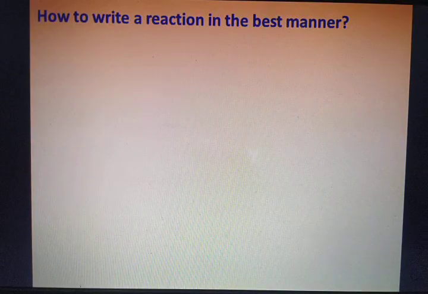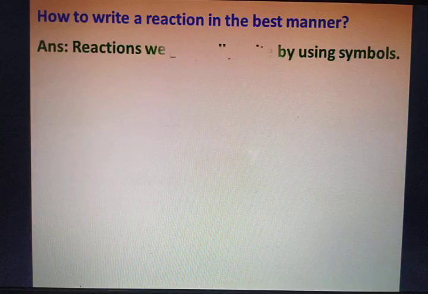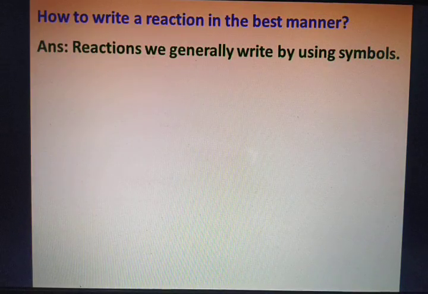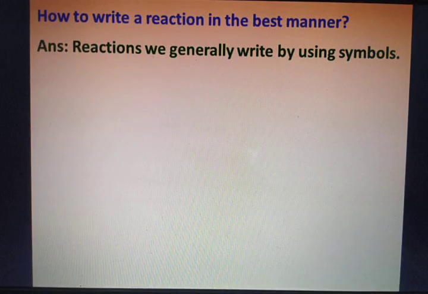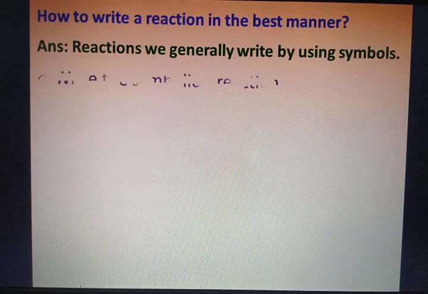The examiner checking will think that this student has a beautiful concept of how to write a reaction in the best possible way. What's that? The first thing, reactions we generally write by using symbols.